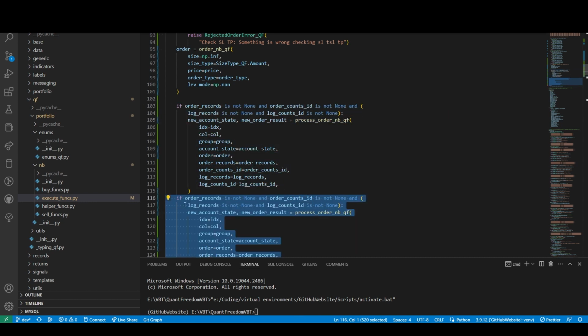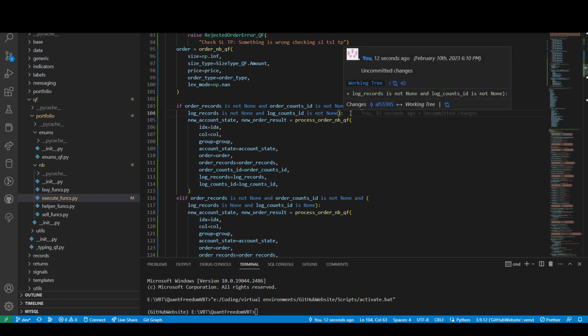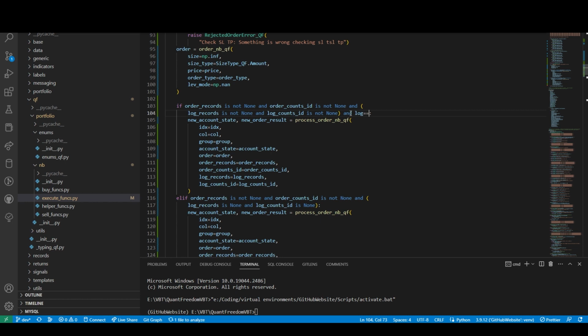Elif. So I say if this is not none and this is not none, and so if order records is not none and order counts is not none. Oh yeah, and log equal true.